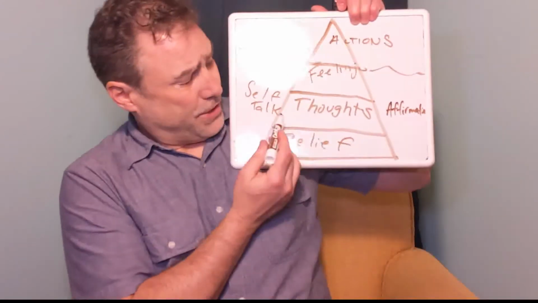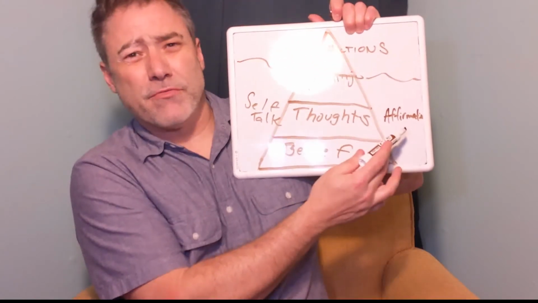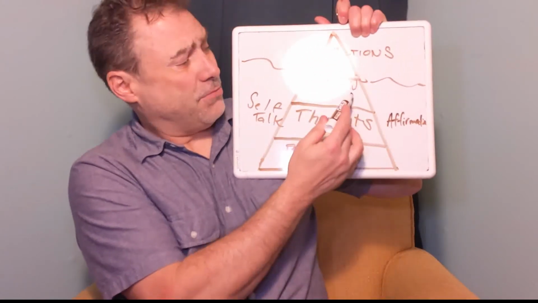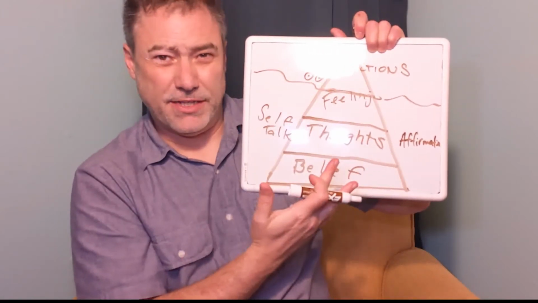When I do CBT with people, we try to turn some of this negative self-talk into positive self-talk in the form of affirmations, in order to help change some of the feelings and hopefully change some of the actions that other people can see.